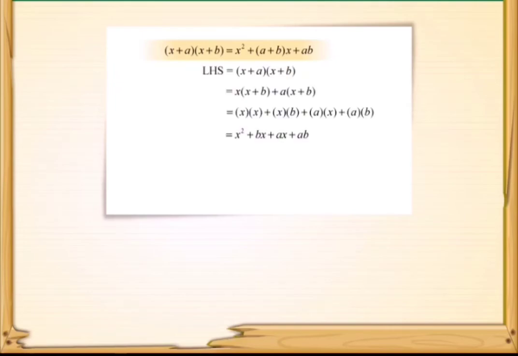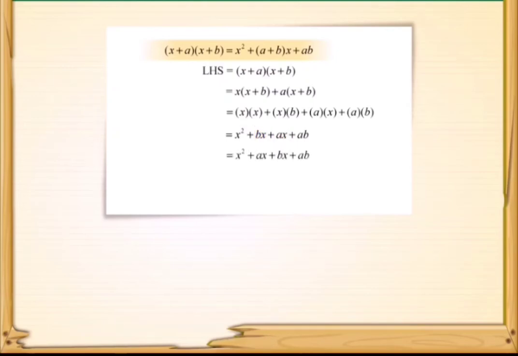Using the distributive law, first, multiply x by (x plus b) and then multiply a by (x plus b). Next, multiply x by x, x by b, a by x and a by b to get x square plus bx plus ax plus ab. Note that the middle terms bx and ax have x as the common factor.